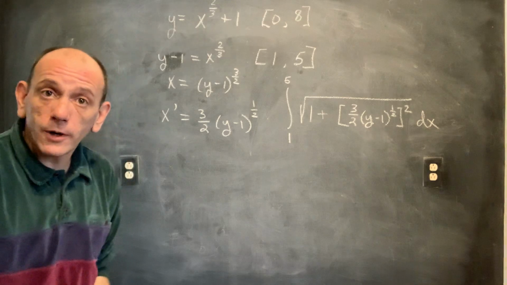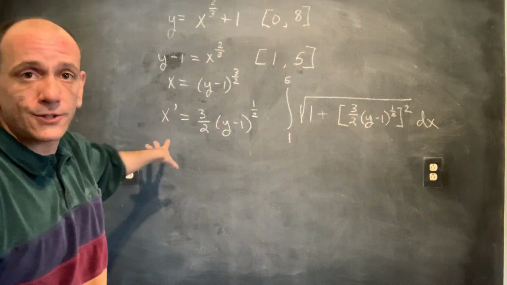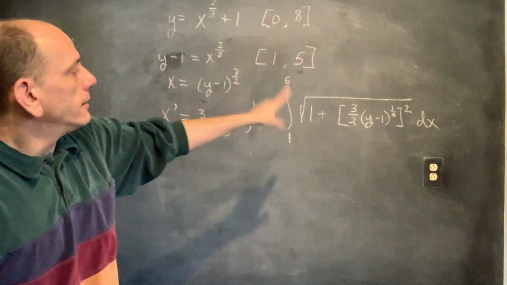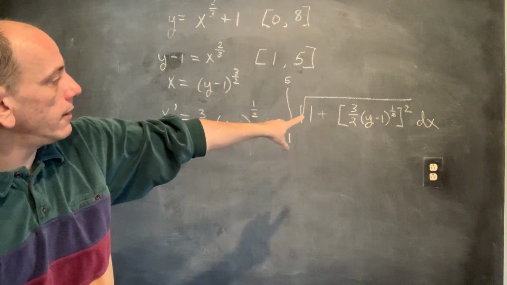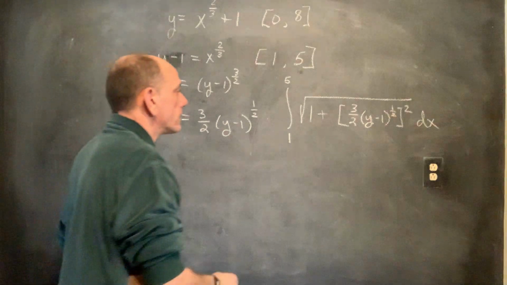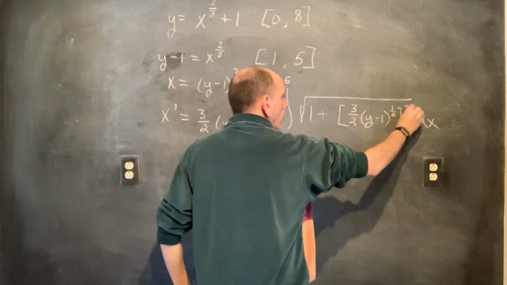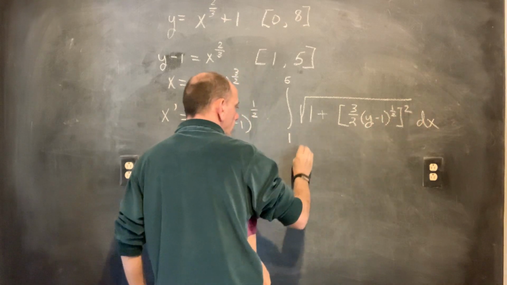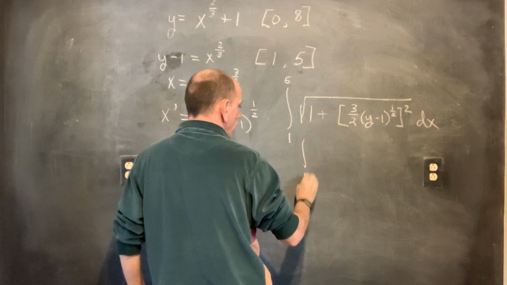And now I'm looking at that and I'm going, that was a really nice choice. Even though I had to do the algebra work over here, that square root is just going to go. So I think things are going to be very simple. The square root squared is just y minus 1. So hopefully we'll be able to just do a nice u sub here.